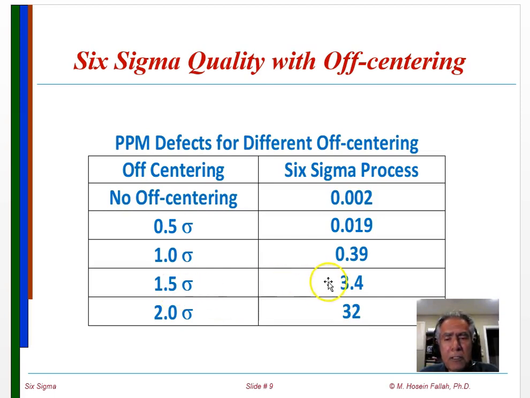And so once they adopted 1.5 as the standard, it was adopted by the industry. And now when we talk about Six Sigma, no matter what the process, whether it's manufacturing or services, we are measuring those processes on the same basis of 3.4 parts per million defective.